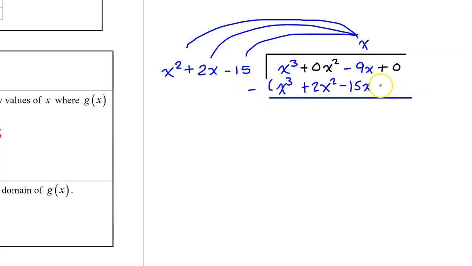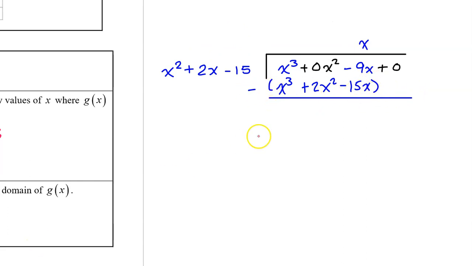And then you subtract. These cancel out, but 0x squared minus 2x squared is negative 2x squared. Negative 9x minus negative 15x is really negative 9x plus 15x. So that's plus 6x and then plus 0.